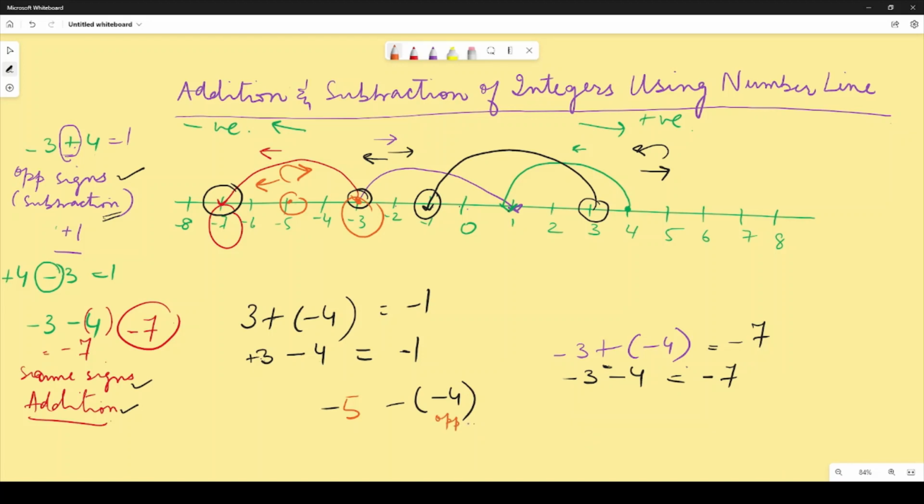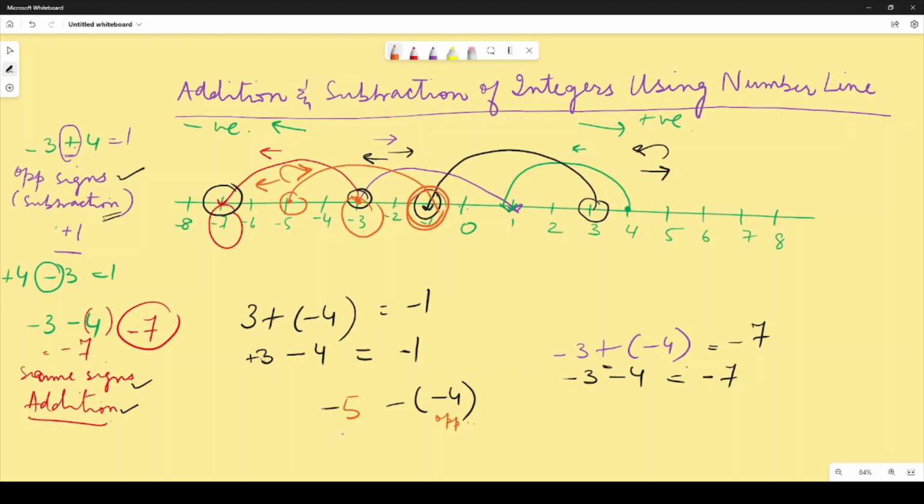Whenever you have a minus sign inside the bracket, it means move in the opposite direction. Whenever you have a plus sign in the bracket, it means continue to move in the same direction. So I will need to move 4 steps in the opposite direction. From 5, 1, 2, 3, 4, and I arrive at minus 1 over here.